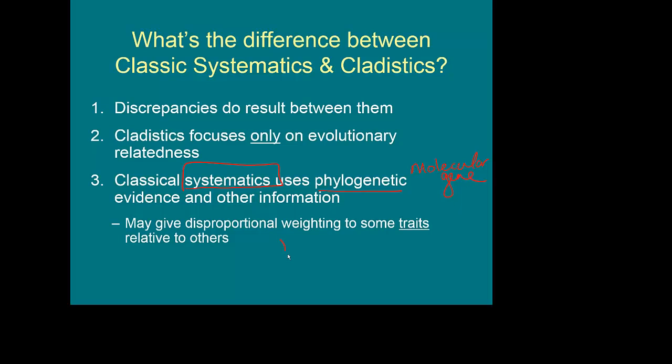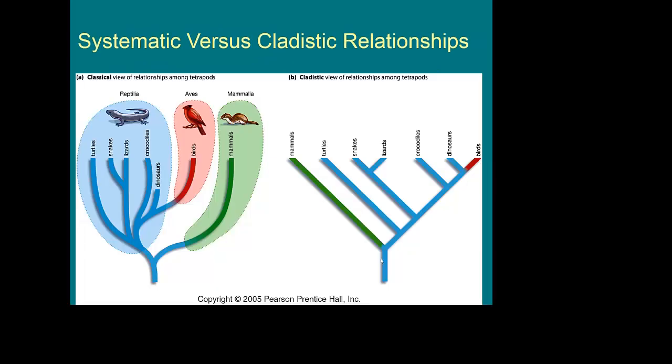But we're also going to pull in other information that we know. So maybe we know something about morphology, maybe we know something about habitat. These sorts of things are important when we really start looking at putting together a big picture, full-on understanding of the relationship of these individuals, okay?